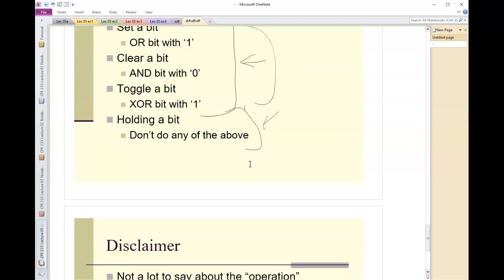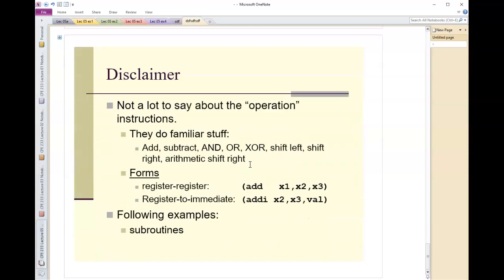And so I think that's going to be it, almost. We're going to get into some example problems after this, and I just don't know what to say about these instructions. Essentially, these instructions do operations that you're familiar with: add and subtract, AND, OR, XOR, shift left, shift right.